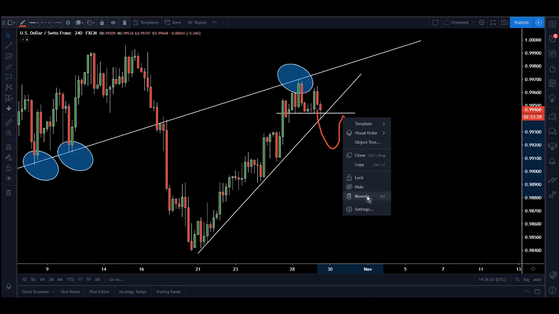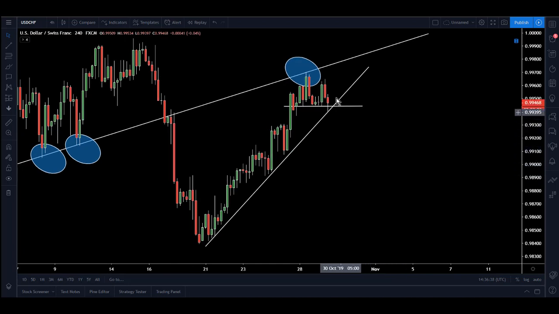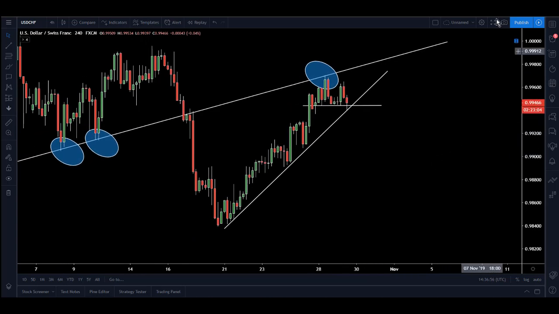So you need to intraday trade that really. Other than that, if you're an end of day trader, you'll need to see a solid close below, and then decide whether you want to do a sell stop below the daily candle, or maybe a sell limit if you think it's going to pull back. But certainly keep your eye on it anyway.